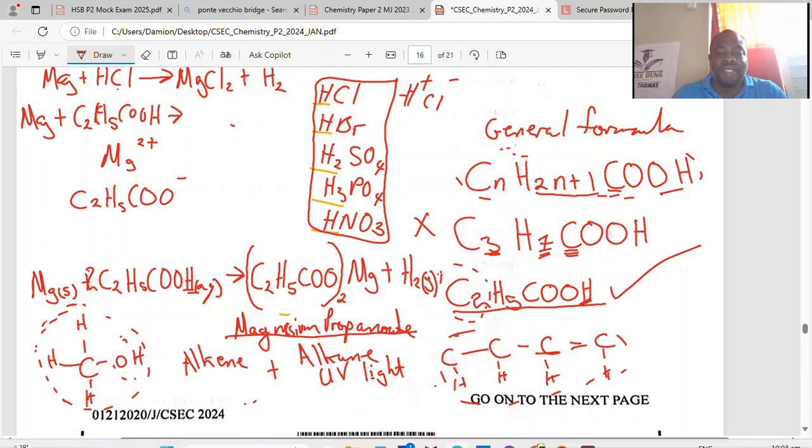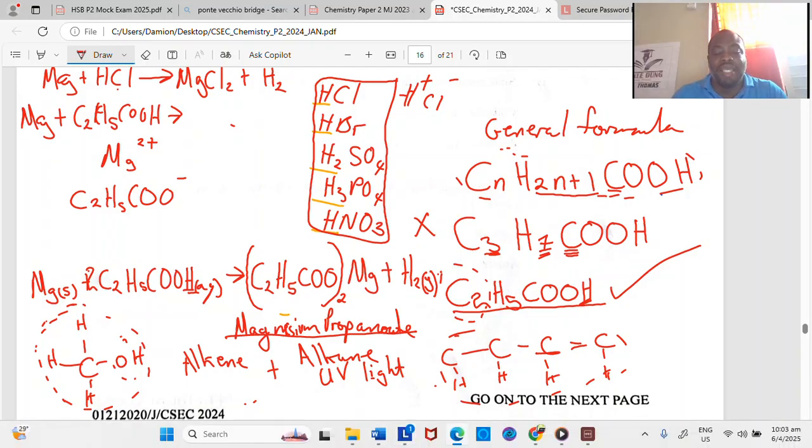But I want to end by also saying, because of how they burn, you use that as a means of distinguishing them as well. Alkenes burn with a yellow, sooty flame. So when you burn them, you ever see that black, like when you light a lamp, you see that black soot fogging up the lamp, and once you finish with the lamp, you have to clean the lamp shade.